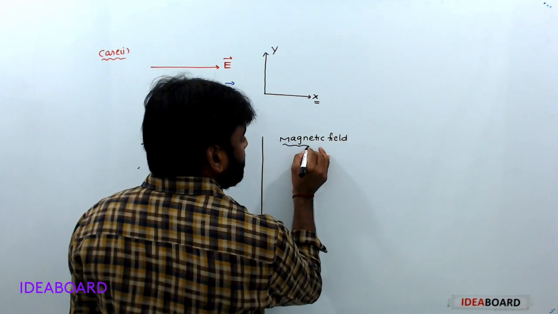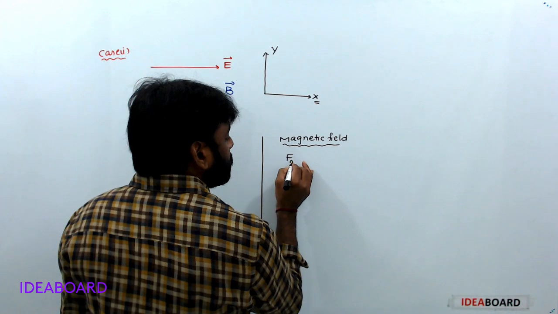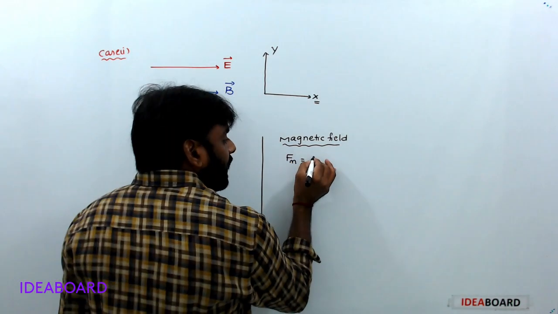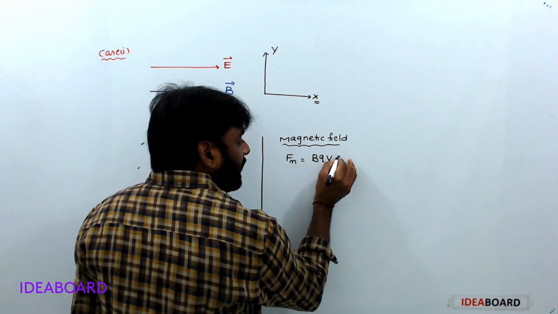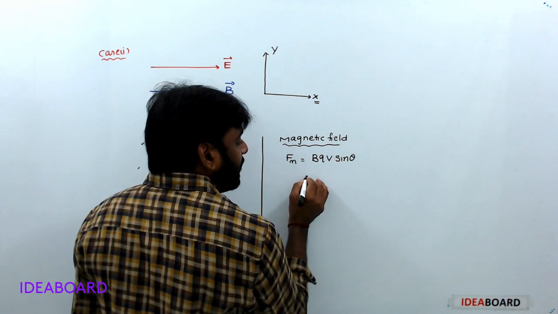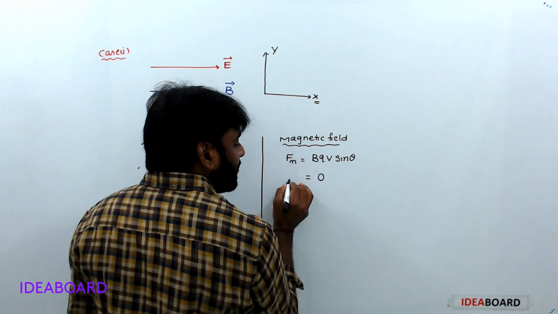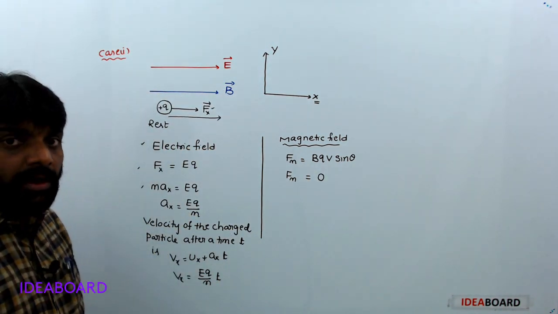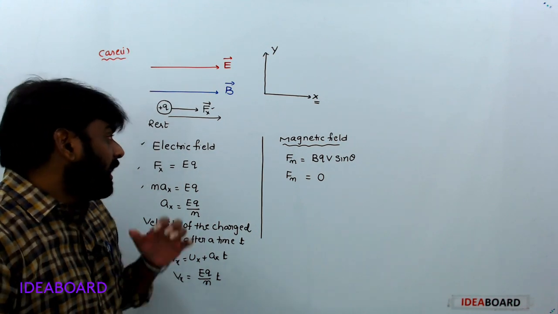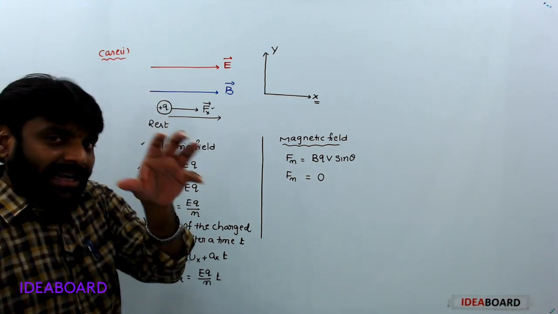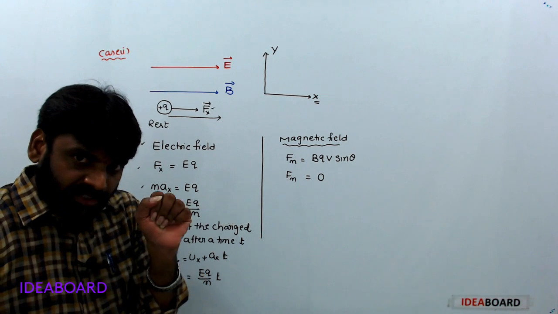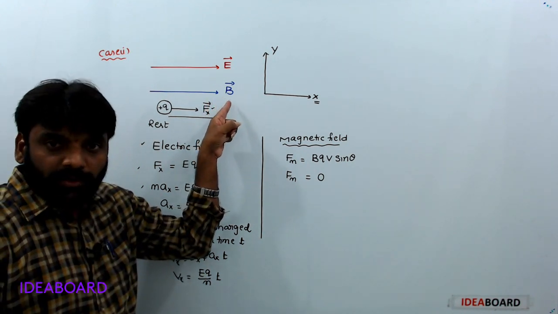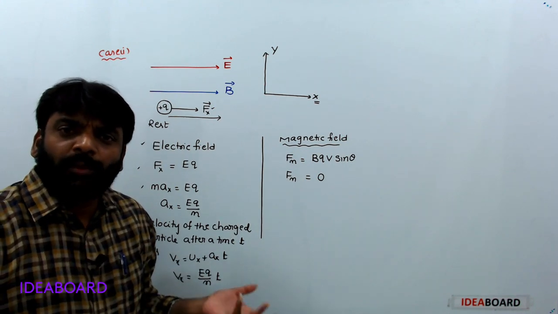Right, now the magnetic field influence. Initially the particle starts from rest, so the magnetic force BQV sin theta is zero. One doubt arises here: after a certain time it attains a velocity, so what about the magnetic force? No, it is zero. Why zero?